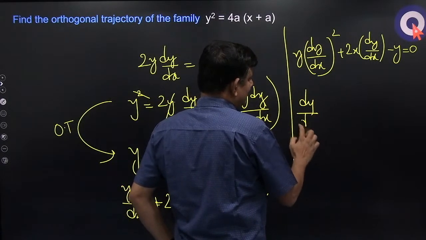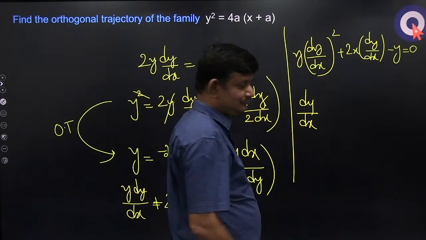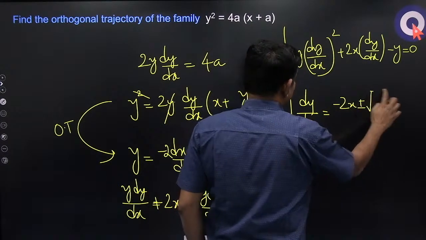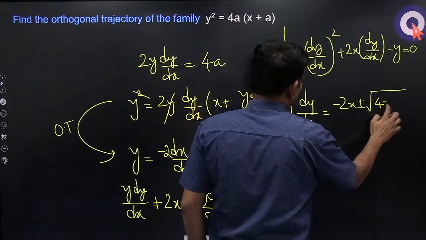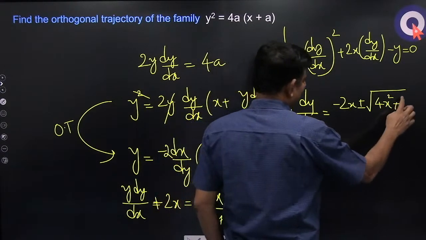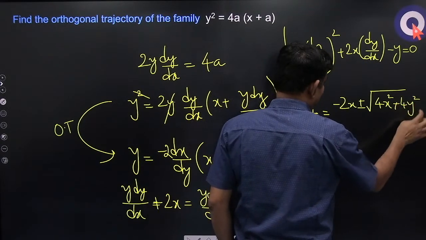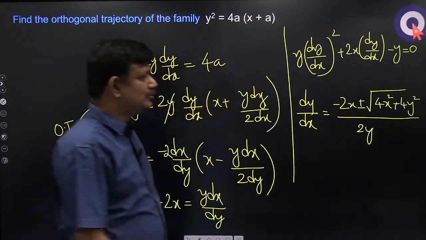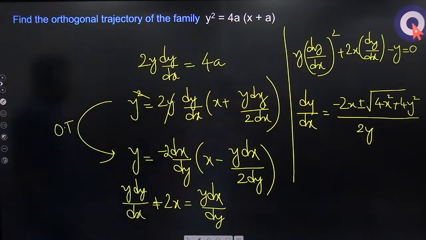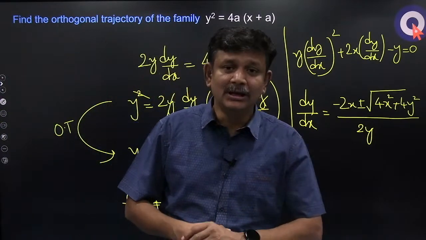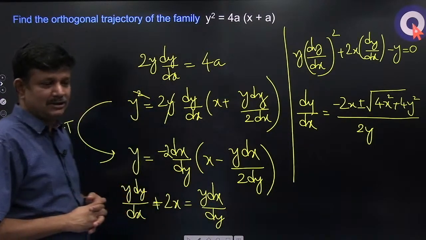Solve the quadratic. dy by dx is equal to minus b plus or minus root over b square minus 4ac, that is 4x square plus 4y square, divided by 2y. This is a homogeneous equation. Put y by x is equal to t and solve and get the results. This is how you find the orthogonal trajectories.